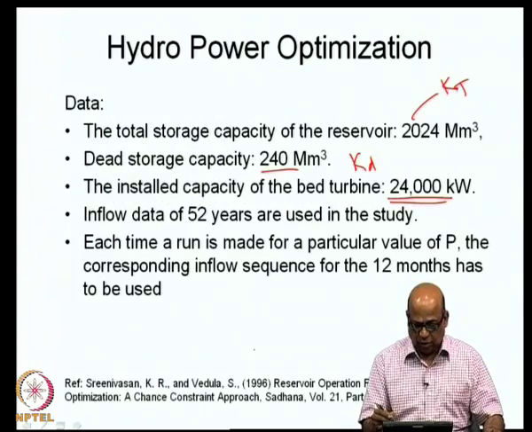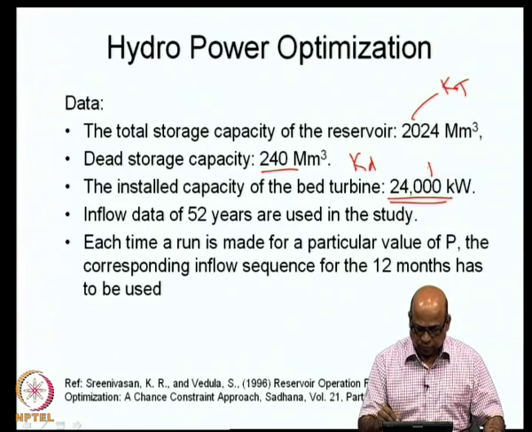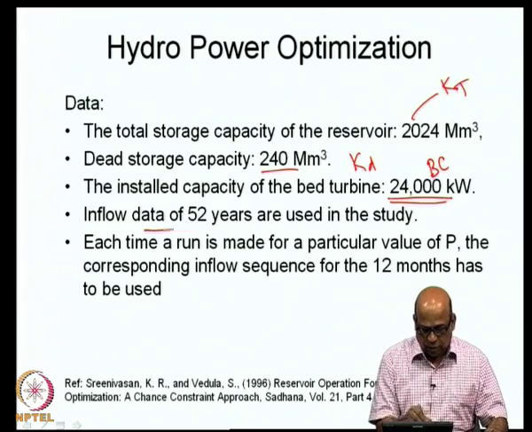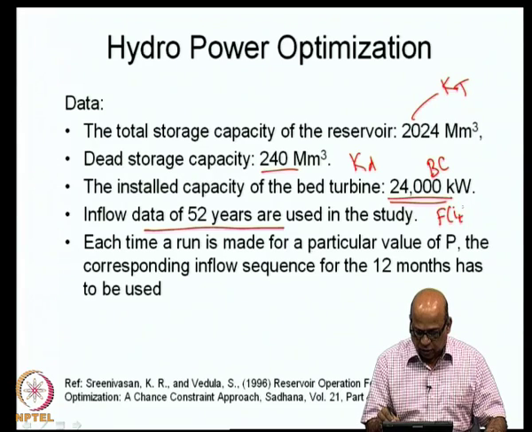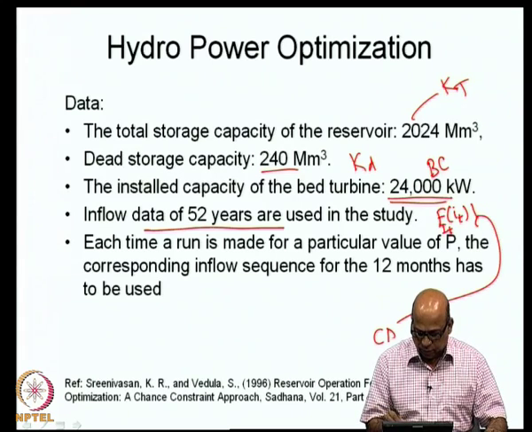So, we have this data BC, and inflow data of 52 years is used. Therefore, we know F of IT. I write this as FIT of IT, which means this is the CDF of IT.